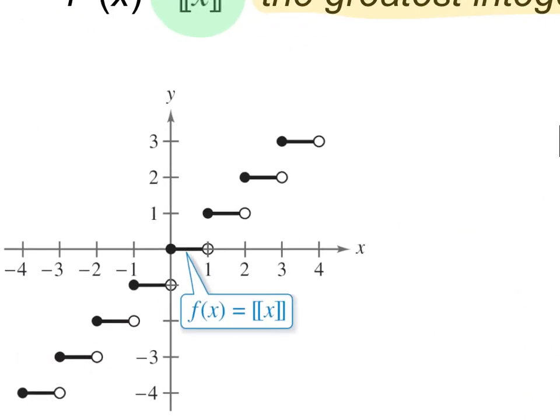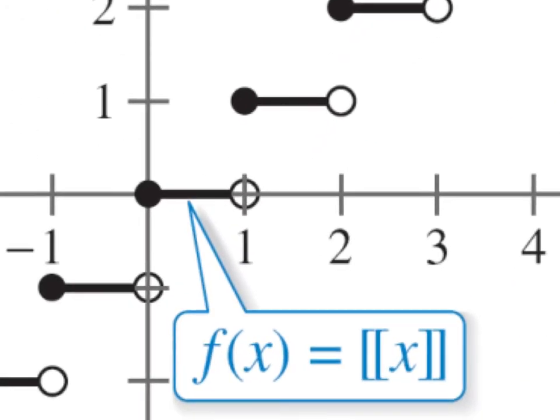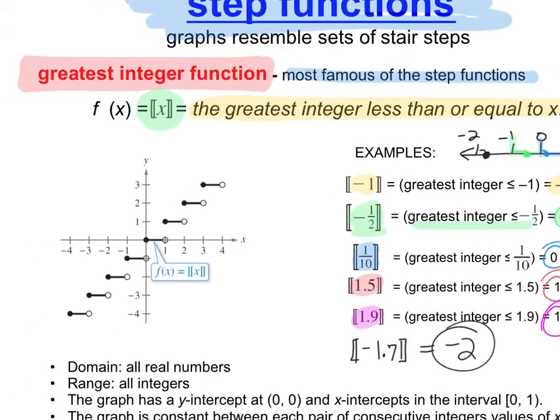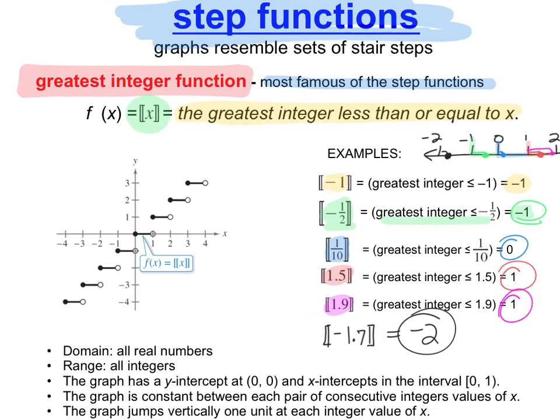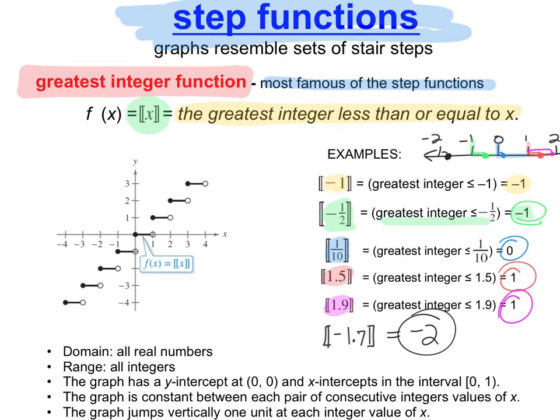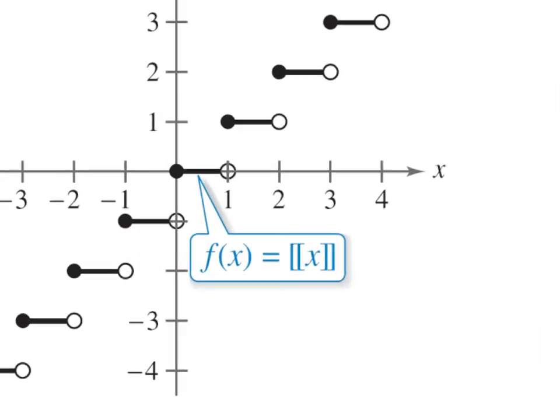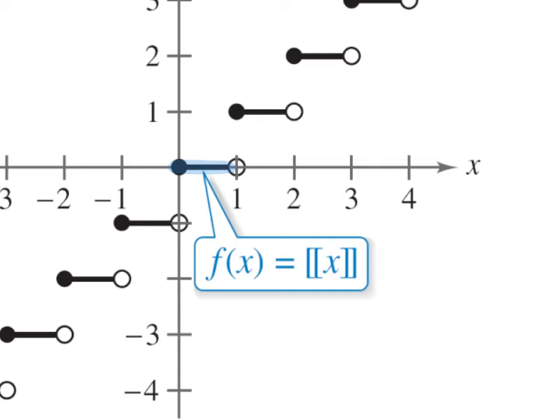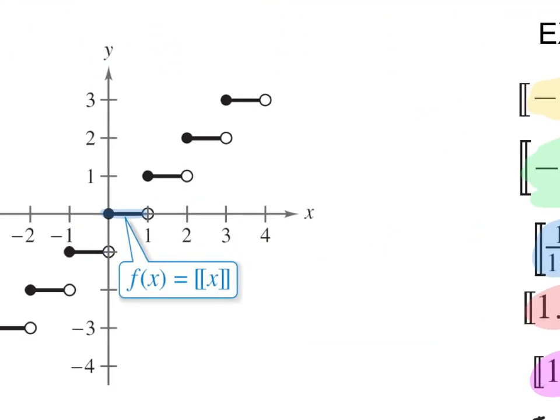If we look over at the graph, remember we said anything between, what color did we use for that? So if I zoom out here, we used blue here where we looked at everything between 0 and 1. The answer was going to go to 0. Here, anything from 1 to 2, the answer was going to go backwards to 1.